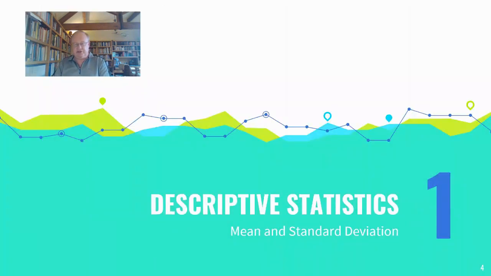Right, section 1. We're going to talk about descriptive statistics, and that's the mean, or the average, as you're probably more familiar with it, and the standard deviation.